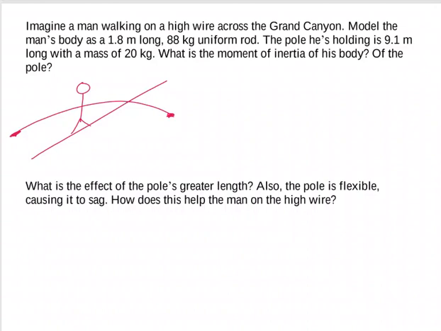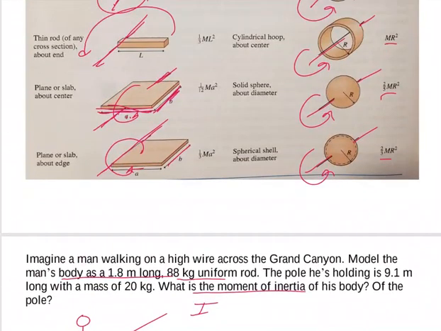All right. So now the moment of inertia is what we're trying to calculate. So I need I of his body. And they said, model the man's body as a 1.8 meter long, 88 kilogram uniform rod. So the moment of inertia of the man, let me go back up here.